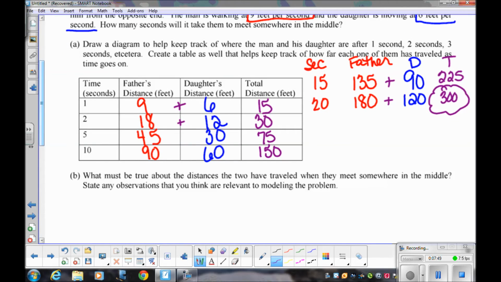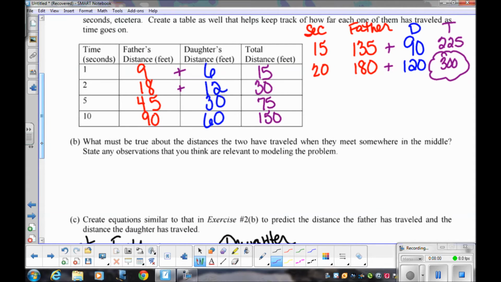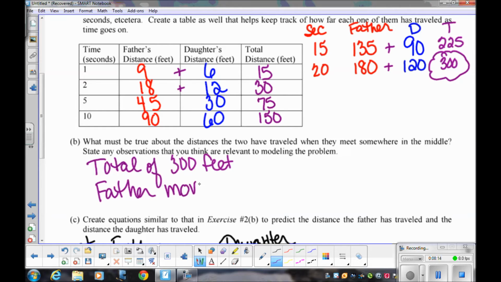It says, what must be true about the distances the two have traveled when they meet somewhere in the middle? State any observations that you think are relevant to modeling this problem. Well, we need to think about we have a total of 300 feet to travel, and the father is moving faster than the daughter.